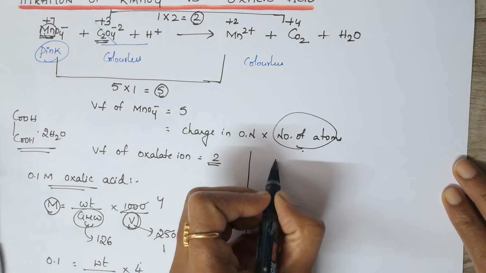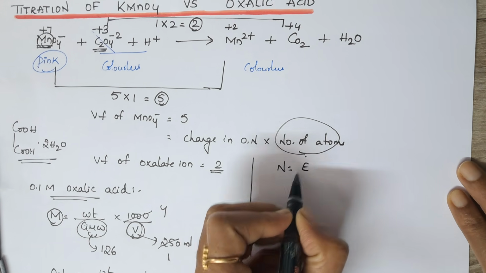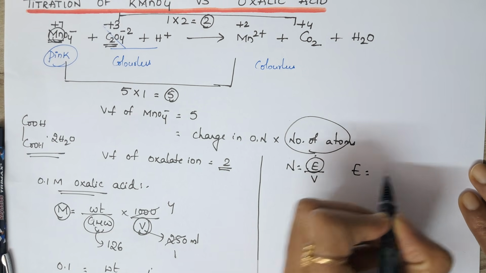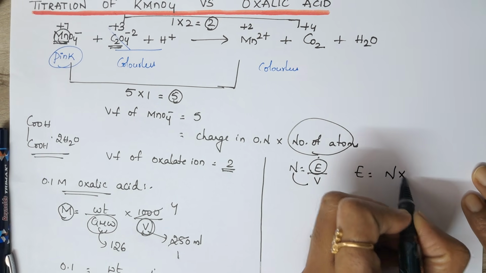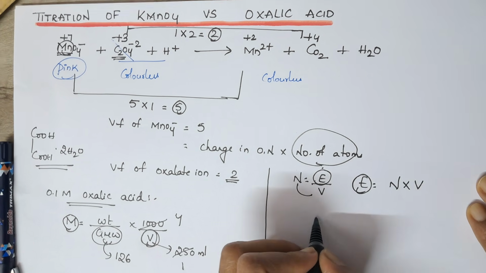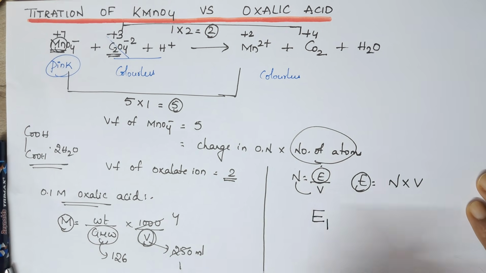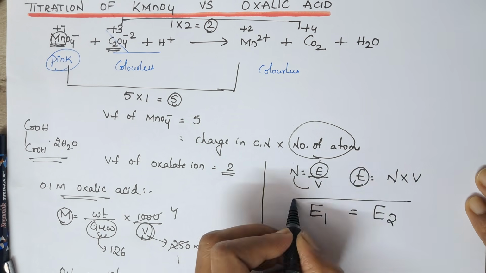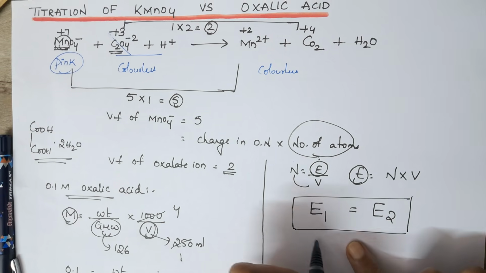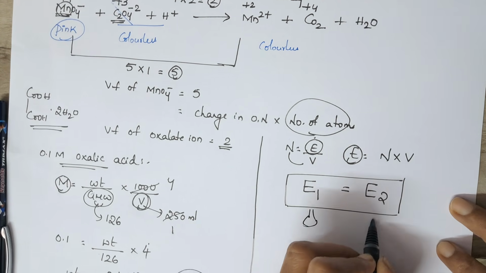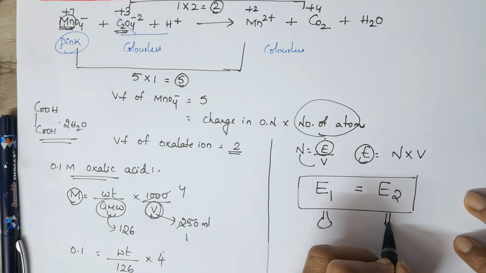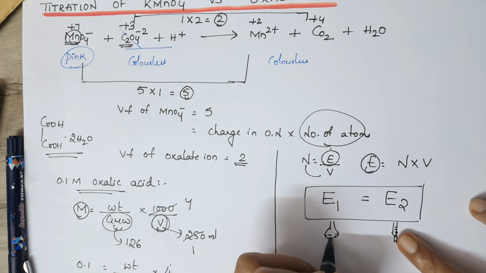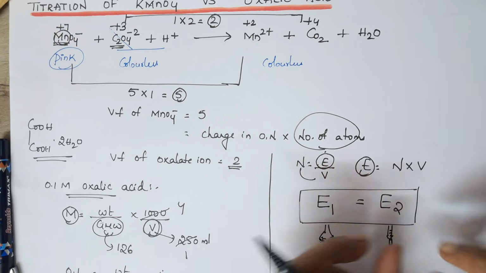Normality is equal to number of equivalents by volume is the formula. So number of equivalents is equal to normality into volume. Here, the number of equivalents of oxalic acid is equal to the number of equivalents of KMnO4, because both are reacting. The oxalic acid is in our conical flask and KMnO4 is in our burette. You add KMnO4 through the burette and the oxalate ions react, so both numbers of equivalents are the same.